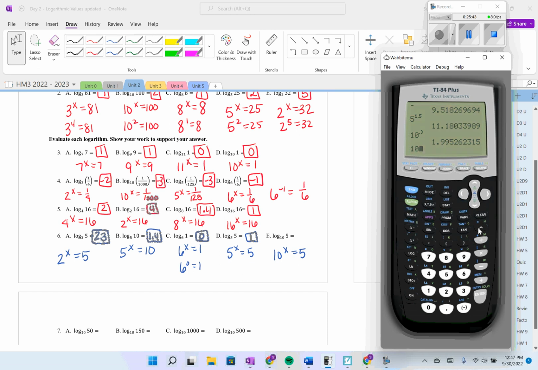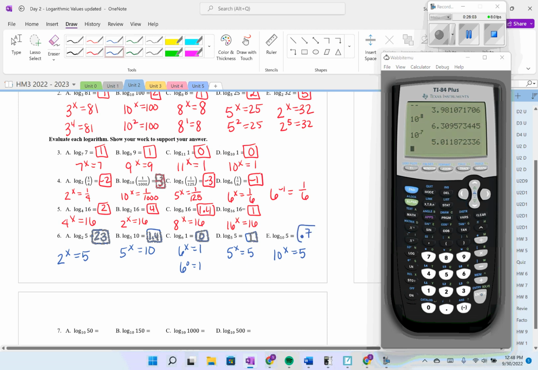Let's do 10 to the power of 0.6 maybe. 10 to the power of 0.8. So maybe 10 to the power of 0.7. It's a lot of guess and check. So we get 5 there, so 0.7. So you can just keep plugging it in until you figure out the value for which it is equal.